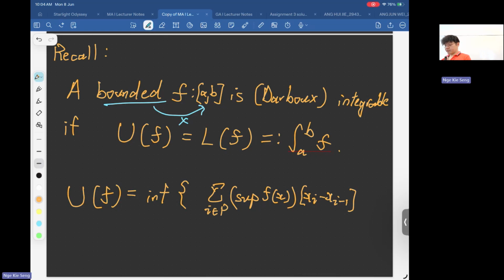Let's call it P, depending on your partition. Across all the different partitions.